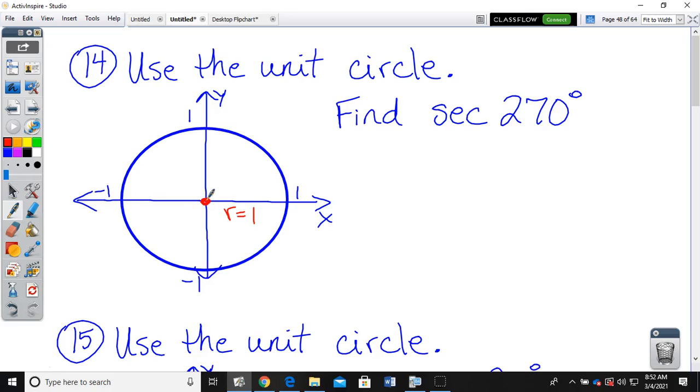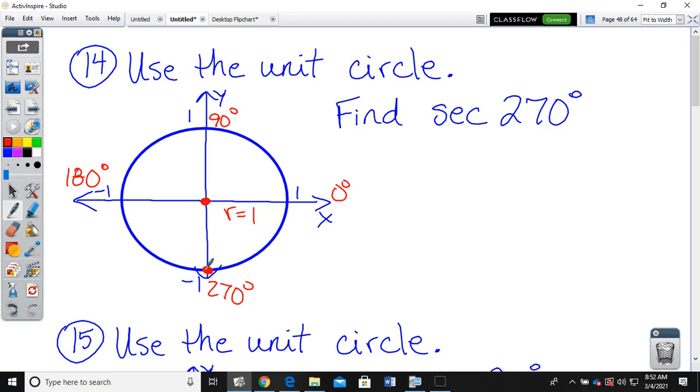It says find the secant of 270 degrees. So you got to know where is 270 degrees. Here is 0 degrees. This would be 90, 180, and 270. So this is where we're at, right here, that point. And you got to ask yourself, what is that point?